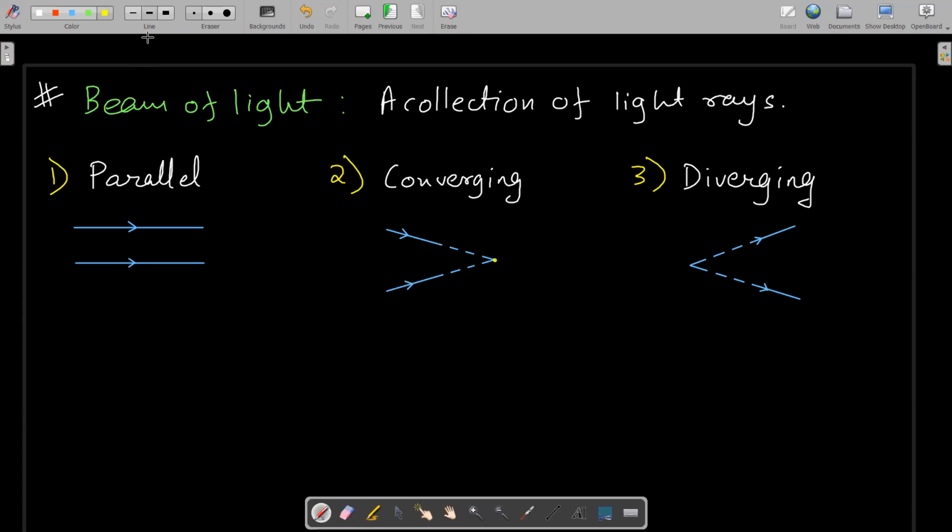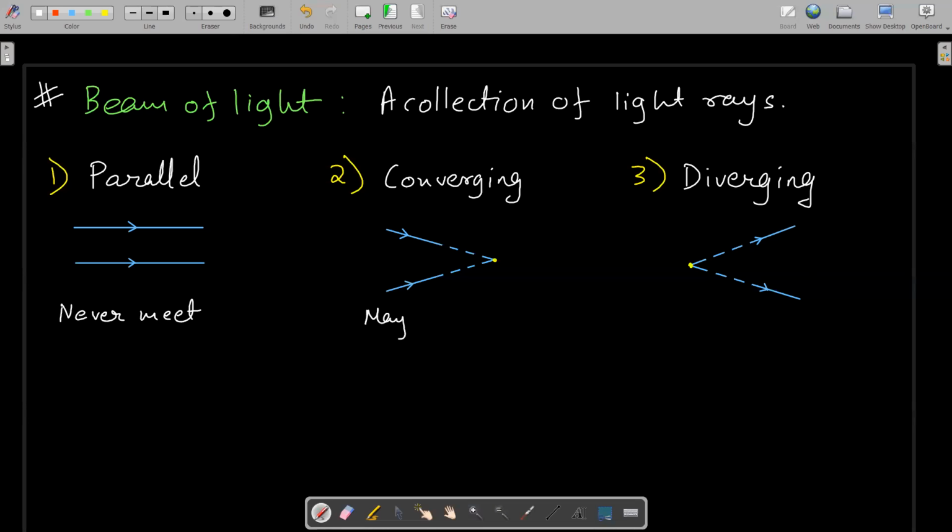Now इसमें ये पॉइंट, इसमें अभी मैं क्या पॉइंट लिख सकता हूँ? I can say that in parallel rays they never meet. What about converging?